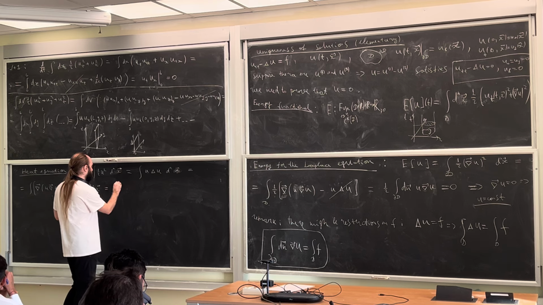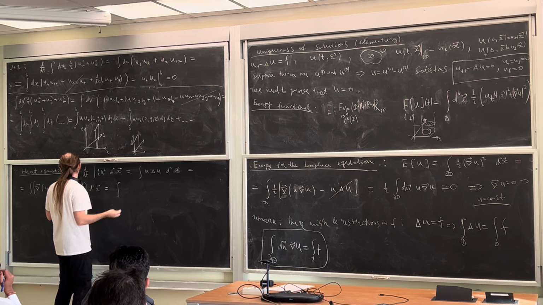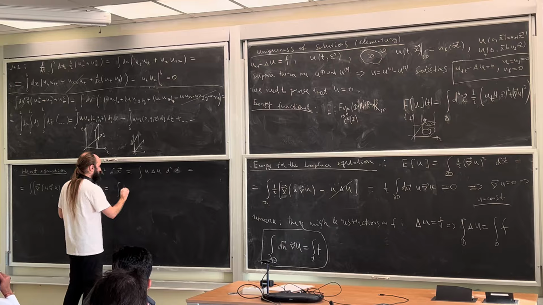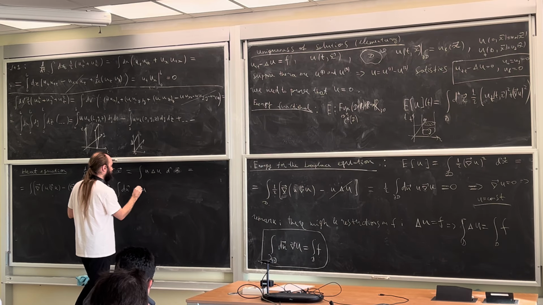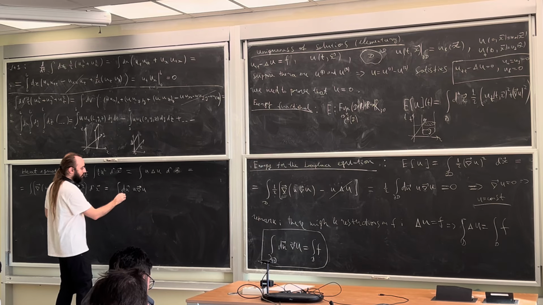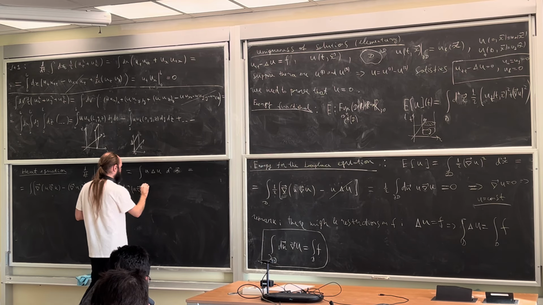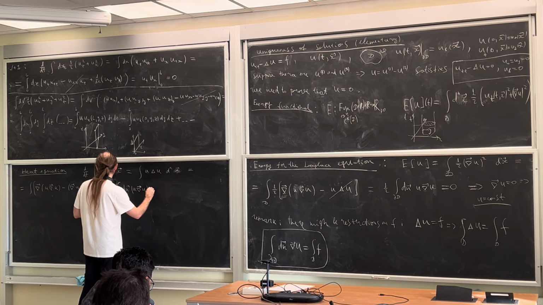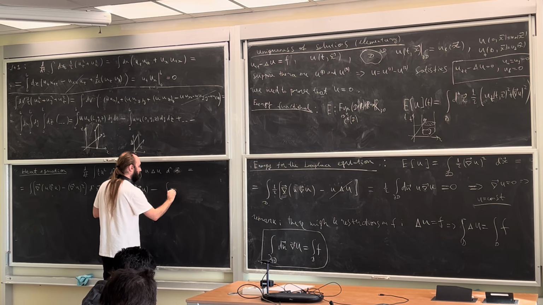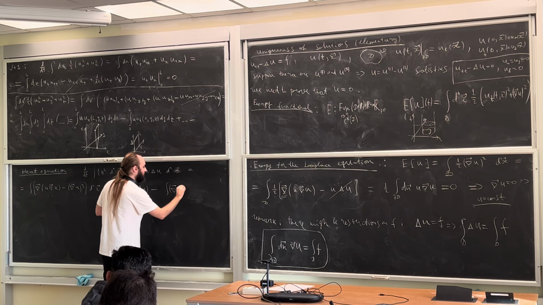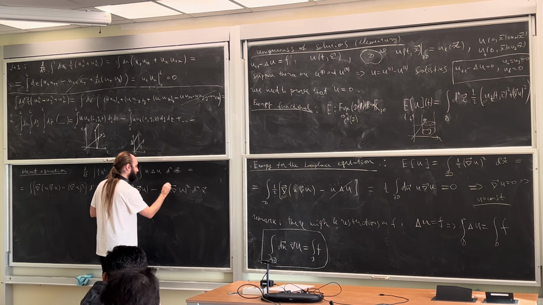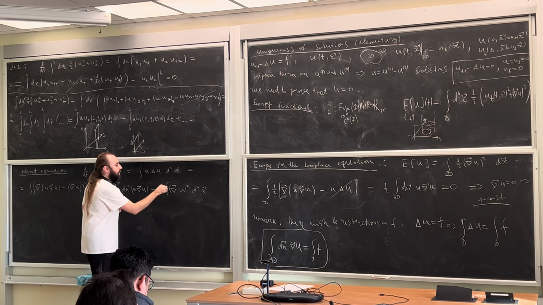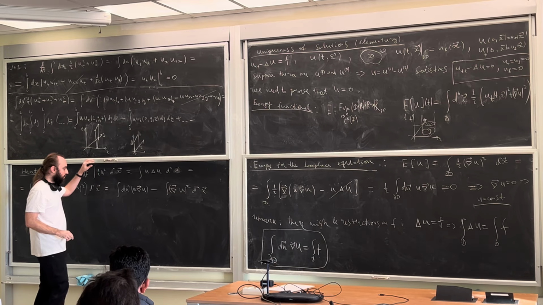So this is the boundary integral of dn u gradient of u minus the integral of gradient of u squared dx.